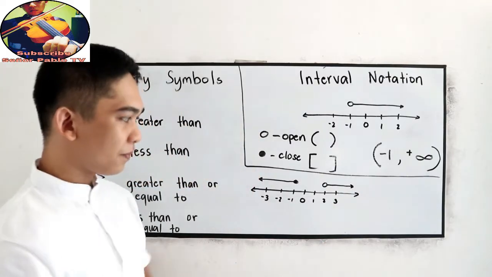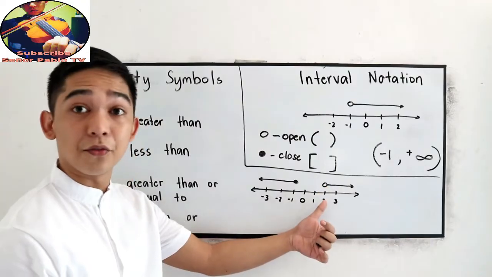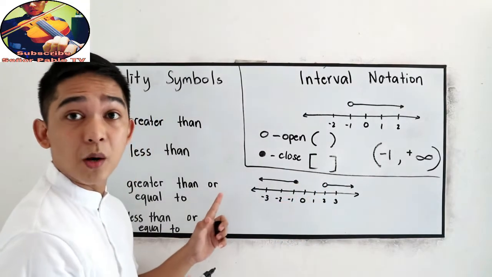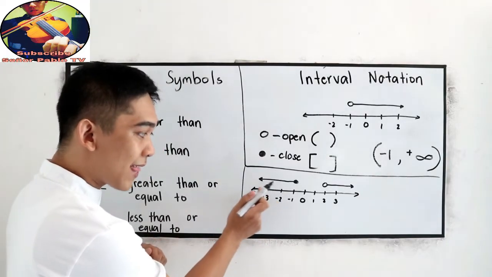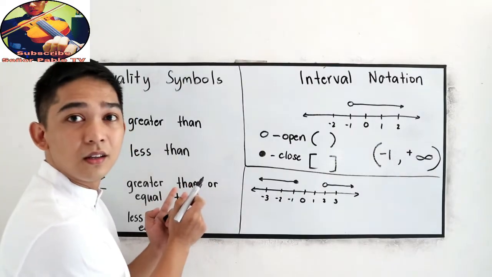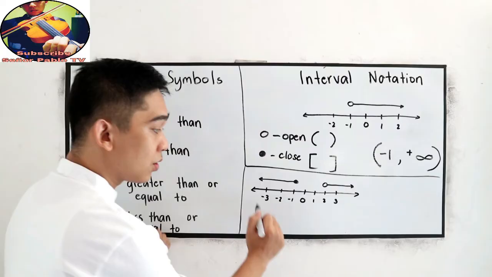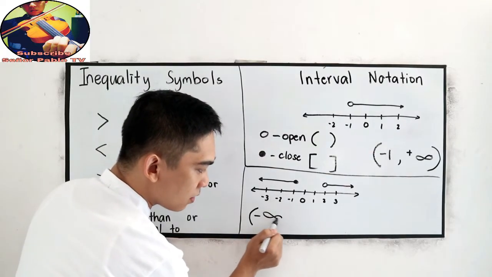This one. So we have a closed circle at -1 and an open circle at +2. So let's start on the left side of our number line. This is going to negative infinity. So since we do not know where it ends, this will become open to negative infinity.